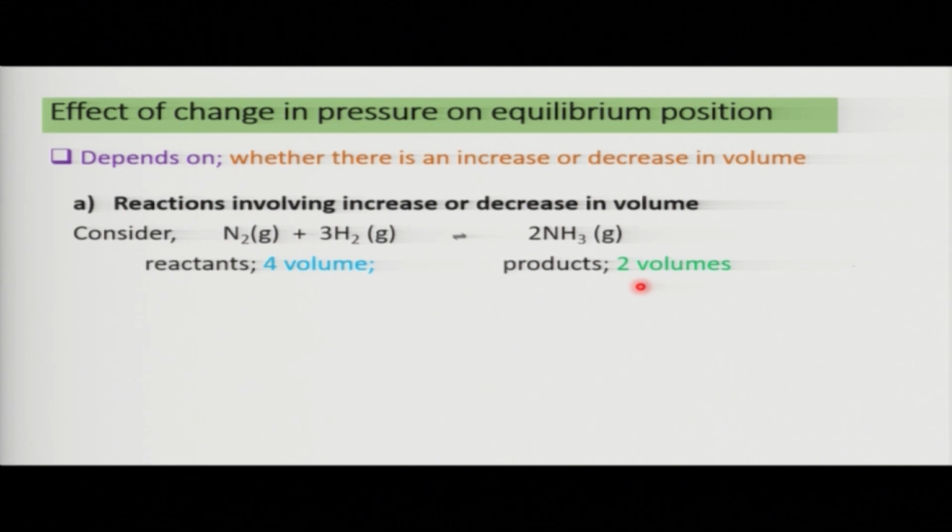And as such, we can connect them to the effect of pressure. Remember, for pressure to affect the equilibrium system, there should be either an increase or a decrease in volume. This specific example is decreasing from 4 to 2. I pause.